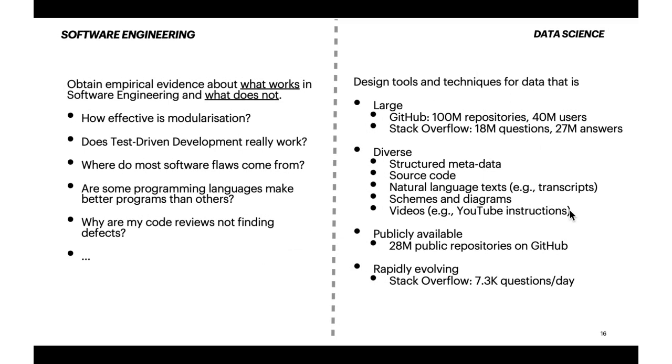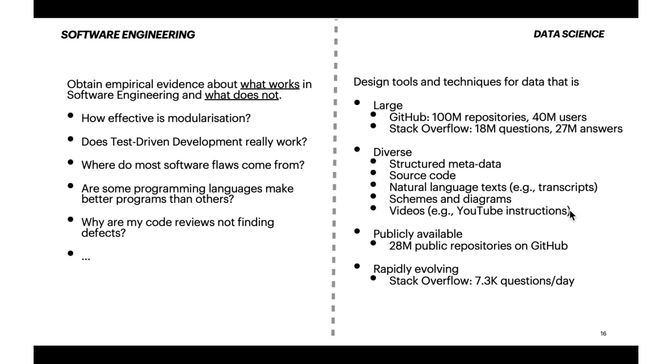Stack Overflow has 18 million questions and almost 30 million answers. Of course, it's not comparable to terabytes of data produced automatically by telescopes, but keep in mind that this data is mostly produced by people. So there is a certain authenticity to it, and it is much more interesting in many ways.